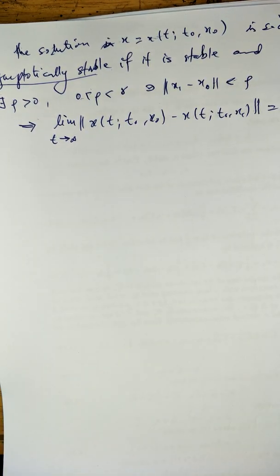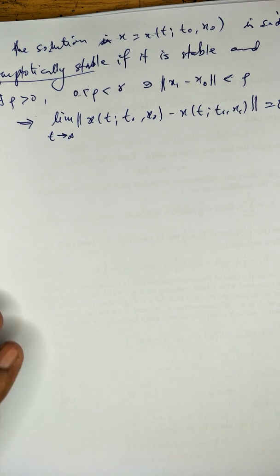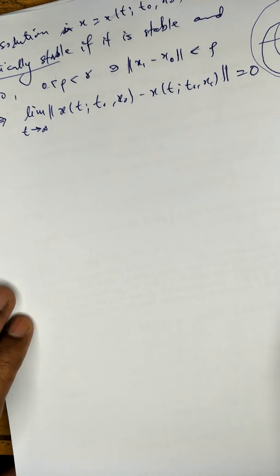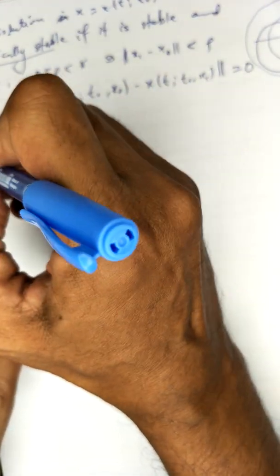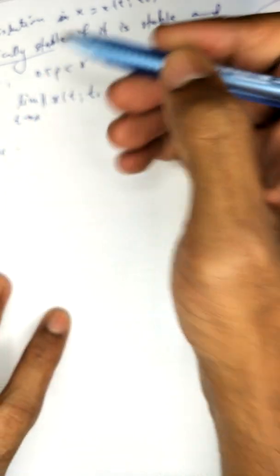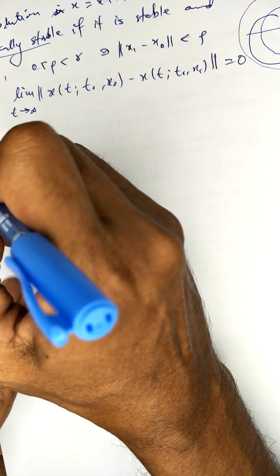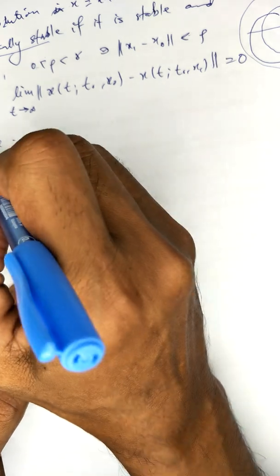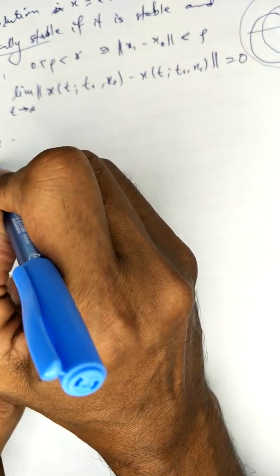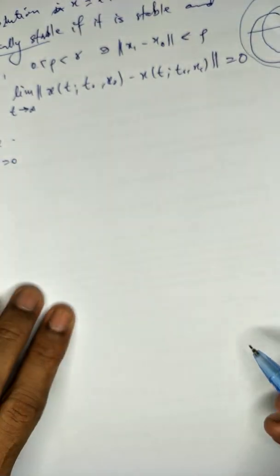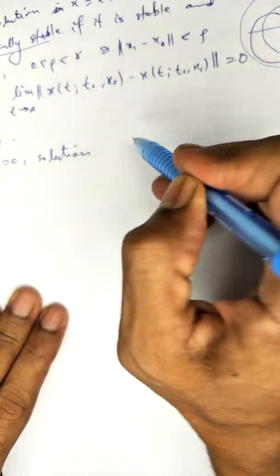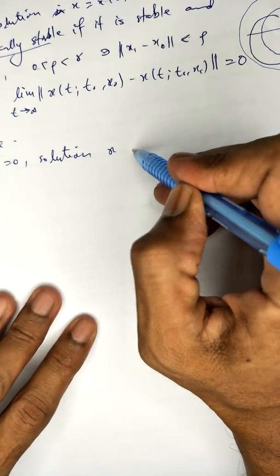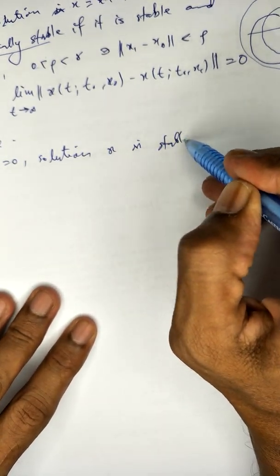Now let me give you some examples to make things clear. Example. Now consider this system, let's say x dot equal to 0. The solution x is stable. Why?